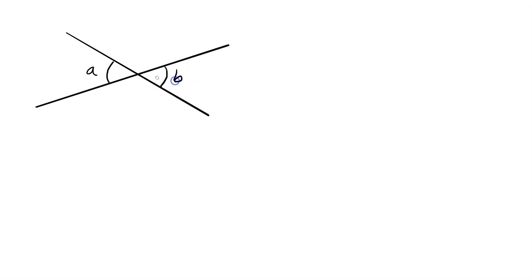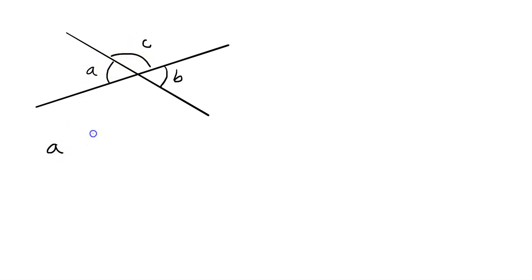These two, by the way, are equal. So if you have two straight lines intersecting, these will always be equal, and they are called vertical angles. And these two, A and C, are called supplementary angles.